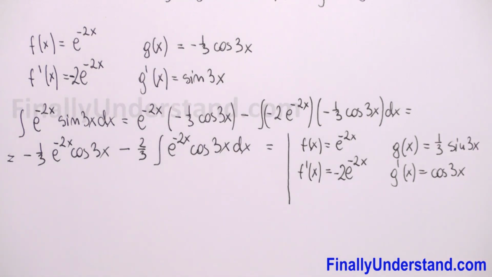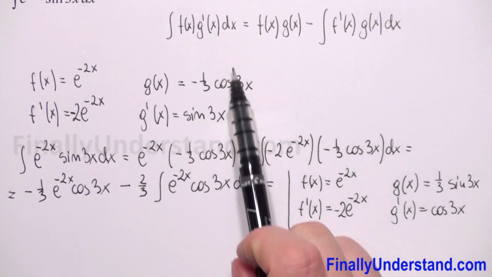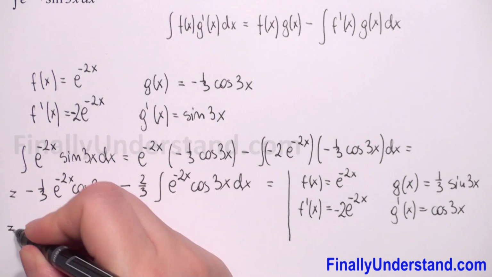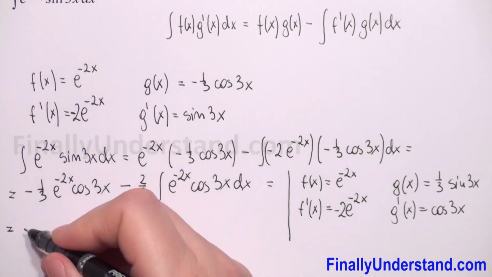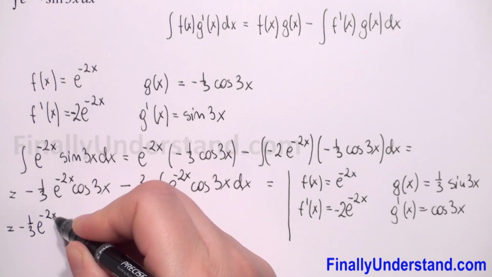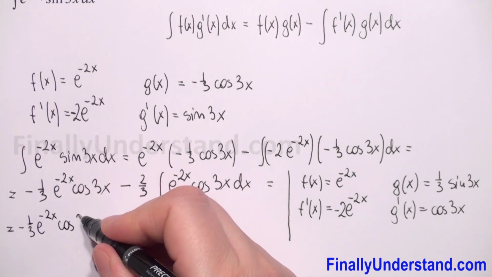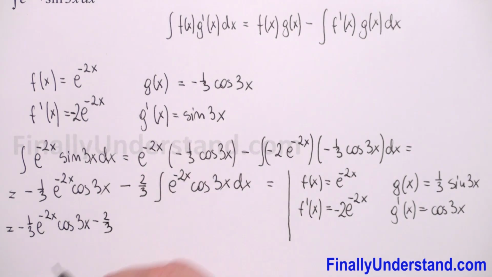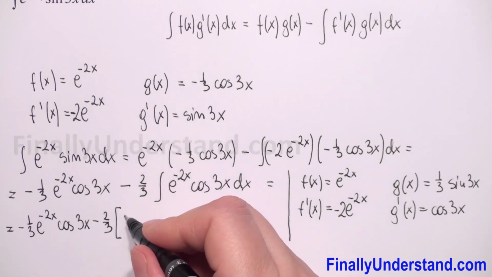Now we have to use the formula for integration by parts one more time. In the beginning we just rewrite, so this is equal to negative 1/3 e to power negative 2x cosine 3x, and we have negative 2 over 3, and in brackets first we have to multiply f times g, so it will be 1/3.